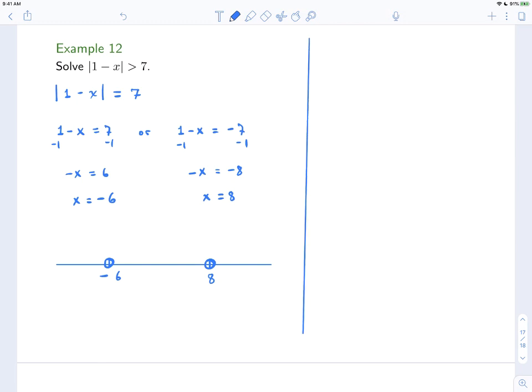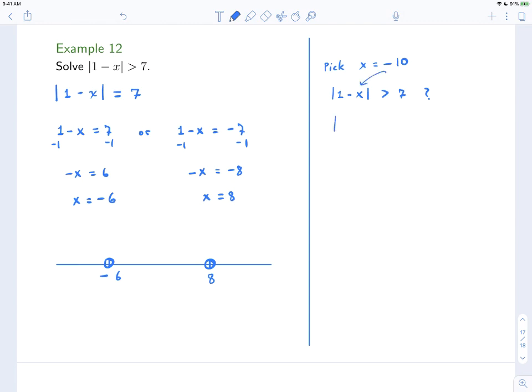So what's a convenient number? Let's look at numbers to the left of negative 6. So we can pick any number we want. So let's just pick x equals, I like multiples of 10. So pick x equals negative 10. That's over here somewhere. So just check, 1 minus x, is that greater than 7? That's the question. So we're just going to take that negative 10 and plug it in here.